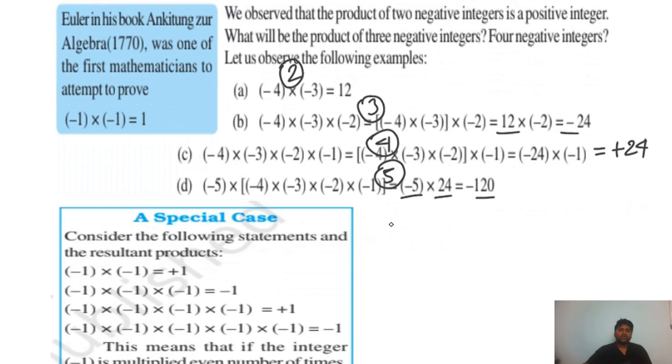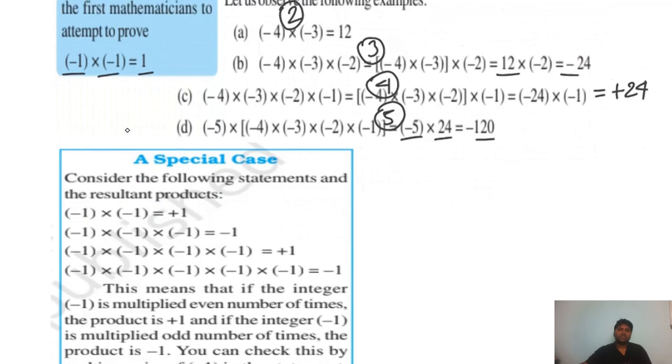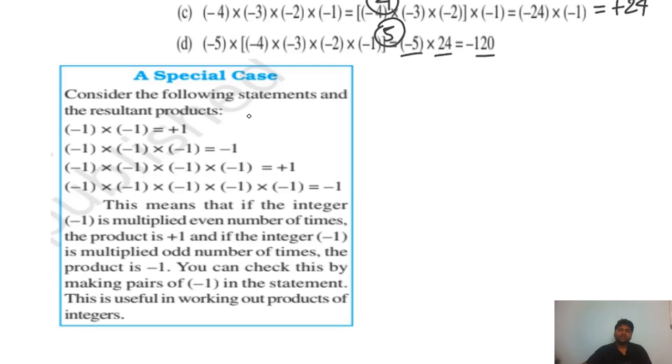Here is a special case. Euler, in his book Anleitung zur Algebra, 1770, was one of the first mathematicians to attempt to prove that minus 1 into minus 1 is plus 1. The special case considers the following statements and the resultant products.